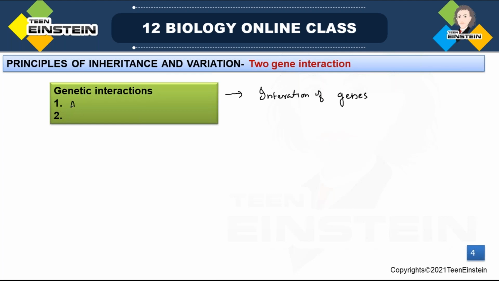First one is allelic gene interaction. Next is non-allelic gene interaction. So genetic interactions are of two types: allelic gene interaction and non-allelic gene interaction.